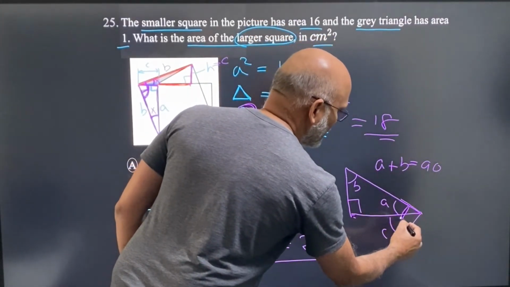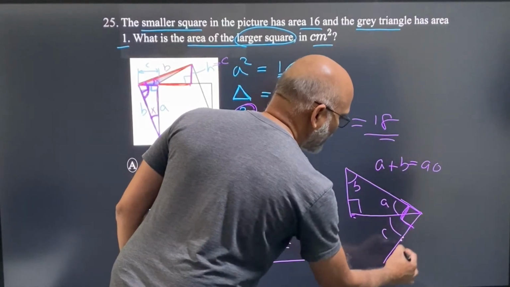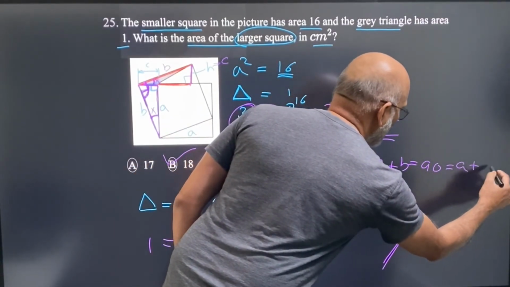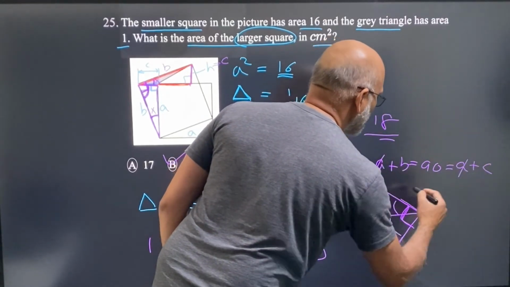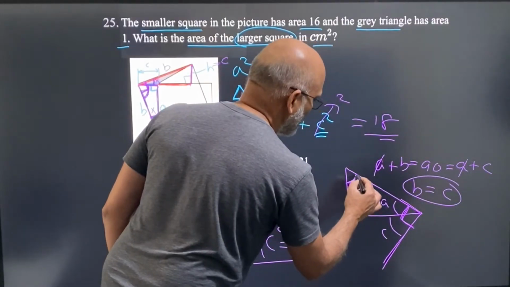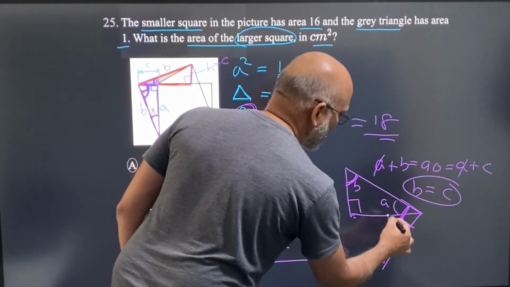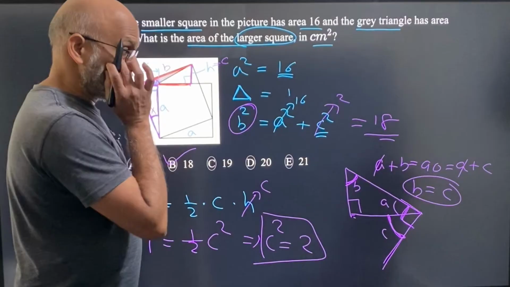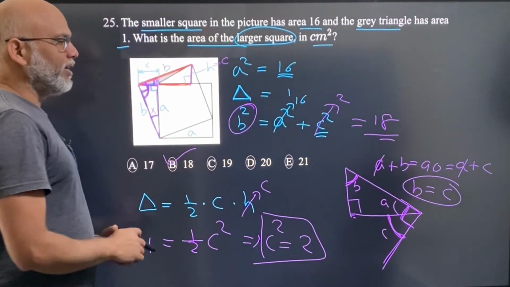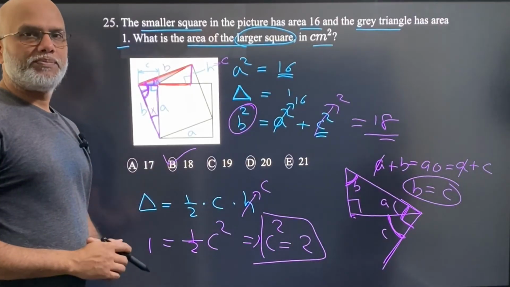Then this is also a right triangle because of how I have drawn this line, so A plus C is also 90 degrees. That is equal to A plus C. A cancels out. B is equal to C, right? That means this angle has to be the same as this angle. So this actually comes in handy many times. I have made use of that here. So that's something I just wanted to note.